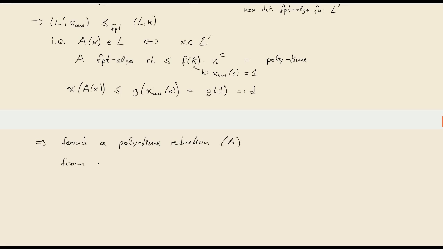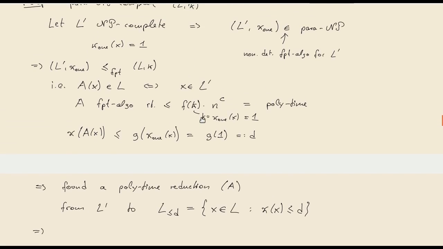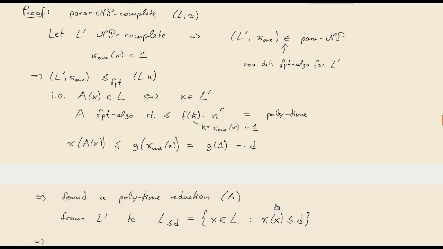From the language L prime to the language L less or equal d, which is just all instances of L that have a parameter at most d. And that just means, so recall that L prime was an NP-complete problem.